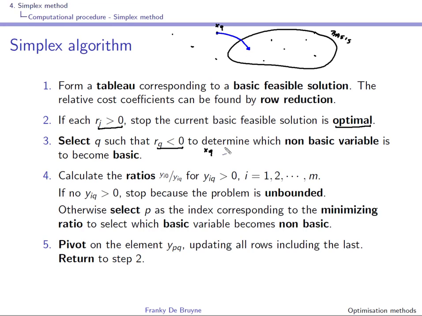the base. Of course, now we need a variable to leave the base, and we go to step 2, and for that we have to look at the ratios. You construct this ratio here, and you have to look for the smallest positive ratio of this type. If all those ratios are negative, then you have an unbounded problem.